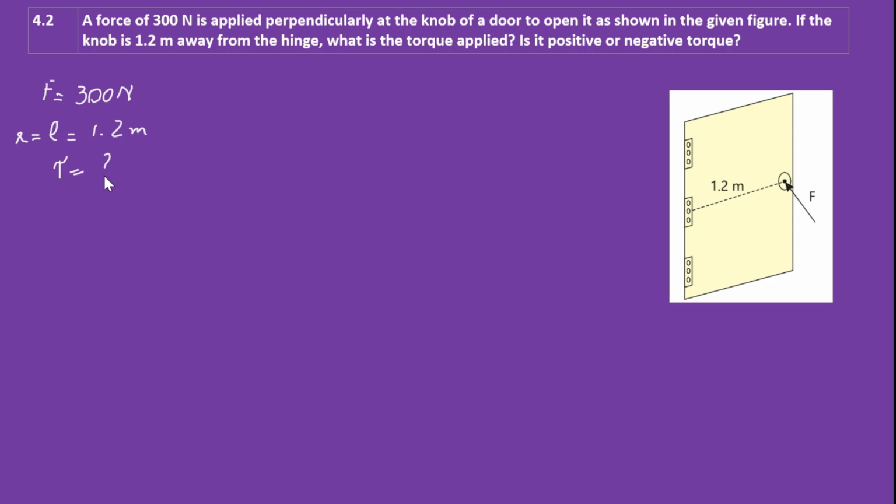We have to calculate this. We put the question mark here, and we now write the formula for the torque, which is F multiplied by L, that is force multiplied by moment arm. The value of the force is 300 Newton.